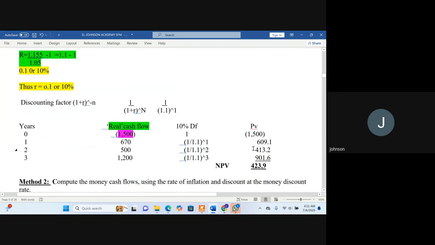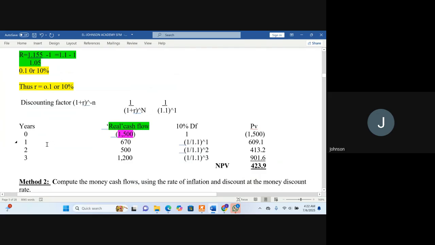Then the next thing is that in year 1 also, we saw the cash flows as it is in the question. We've already picked all the cash flows. We need to now discount them using the discounting factor. So year 1, we have 670 as the cash flows. So we also use the discount factor. It now becomes 1 over 1 plus R raised to power n.